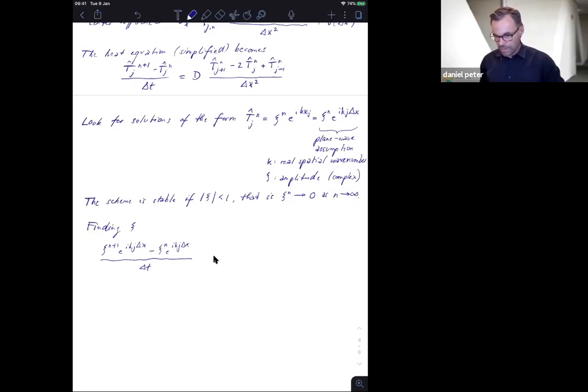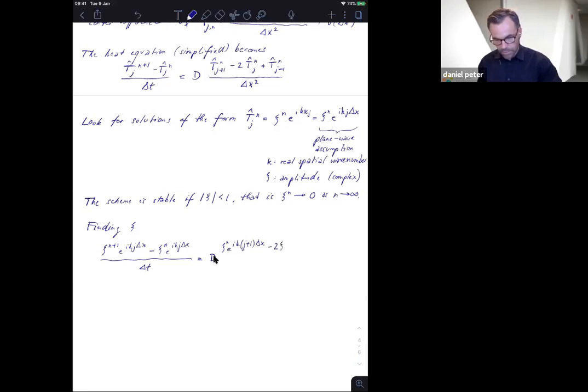So that's the left-hand side, is equal to the diffusivity constant times, now it's a bit tedious, but let's write it quickly down. So you see how we would put this into the discretized heat equation.